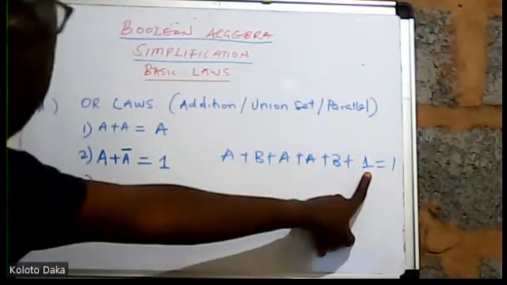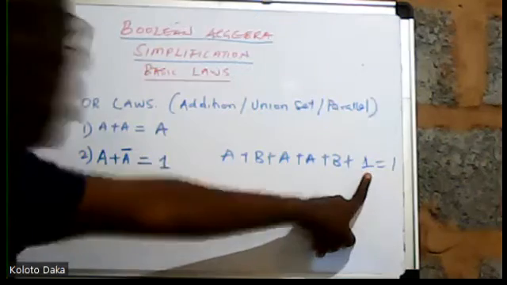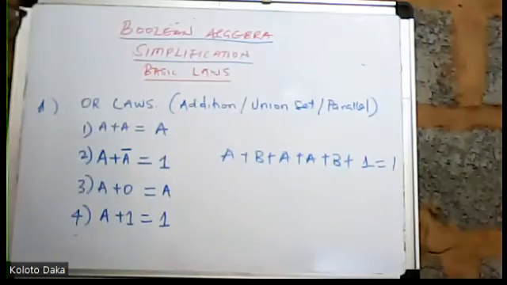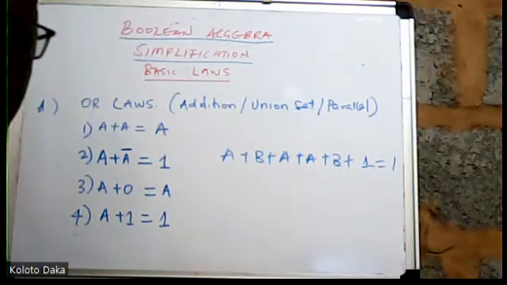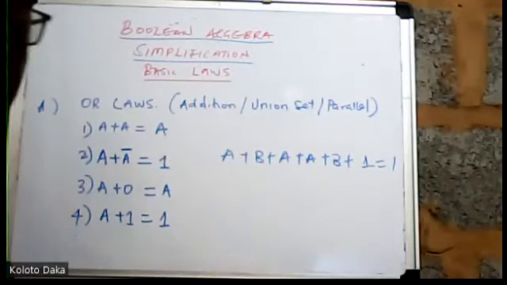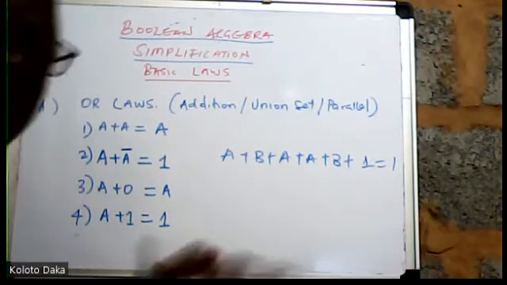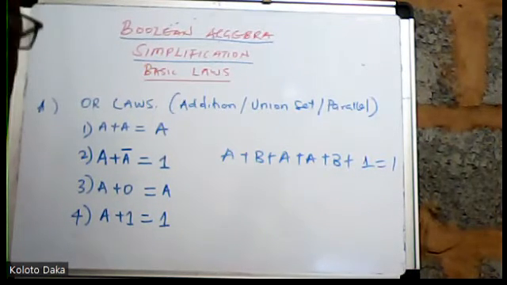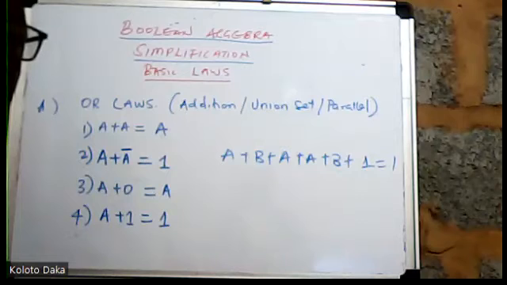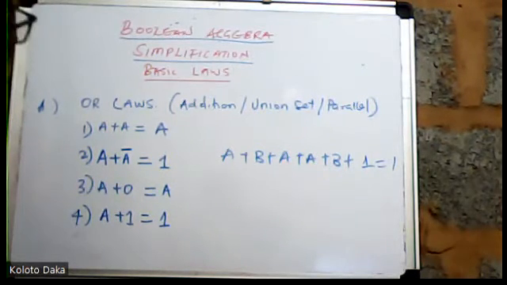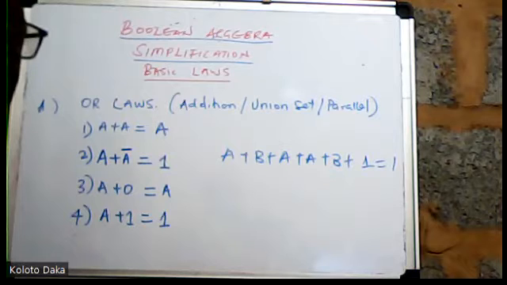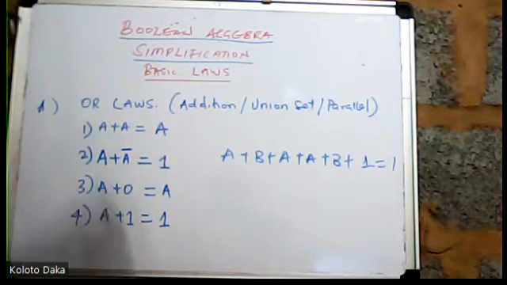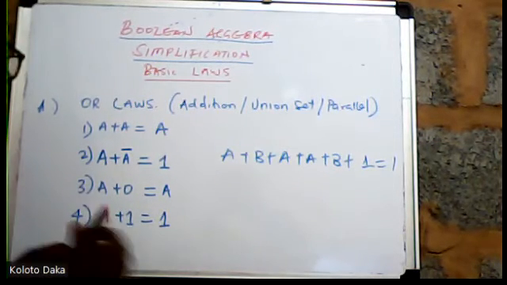This is what will conduct, so you always have a 1 there. So when we are simplifying, whenever we see plus 1, the answer is 1. These are the basic laws of algebra simplification as far as the OR laws are concerned.